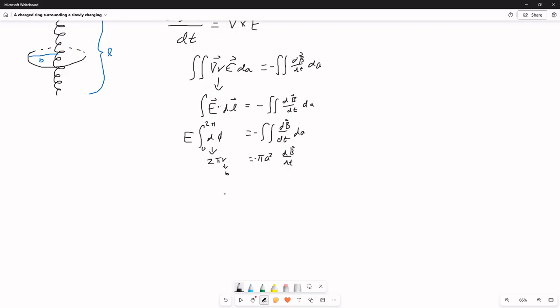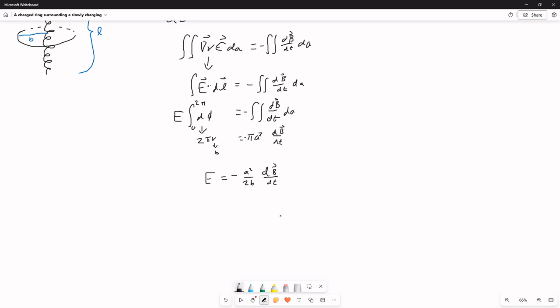So now we have E is equal to negative a squared over 2b dB dt. The only thing we're left uncertain about in terms of defining E is this dB dt, but we can do that pretty simply.